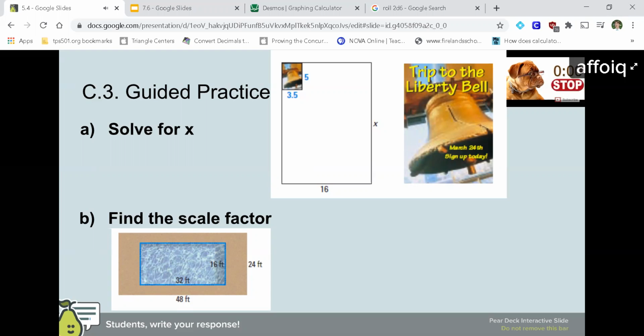Set up your fraction. So like this, you can say 3.5 over 5. Then to match, the other fraction would be 16 over x. And then cross multiply.